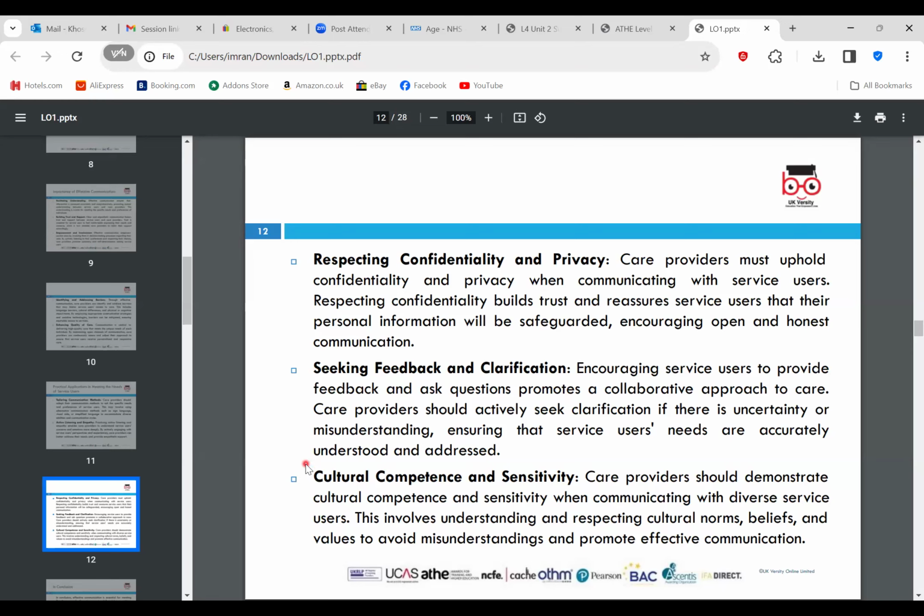At the end of your conversation, give a general summary and ask them if they understood what you said and if there's anything that needs to be added. Cultural competency. There might be people from other cultures who have different norms and beliefs. Those should be respected at all times.